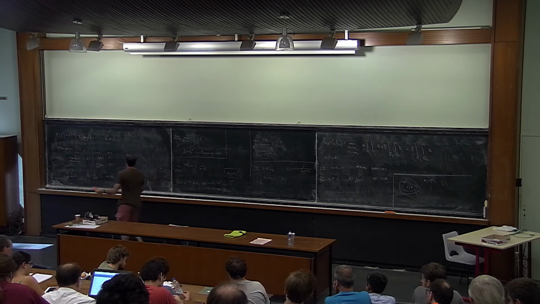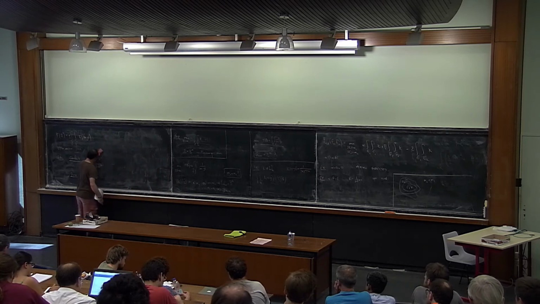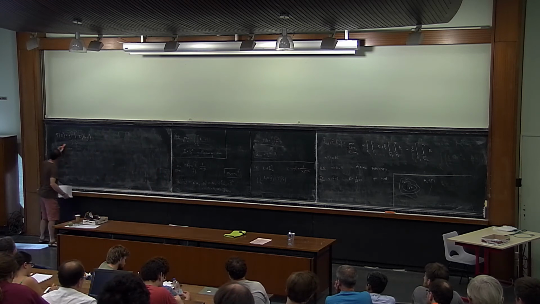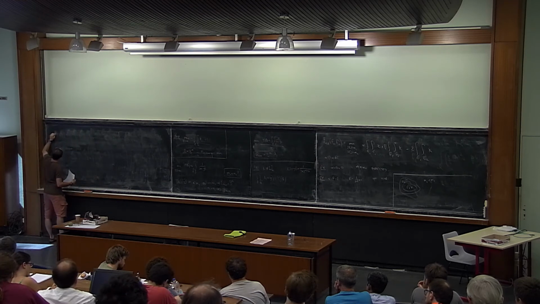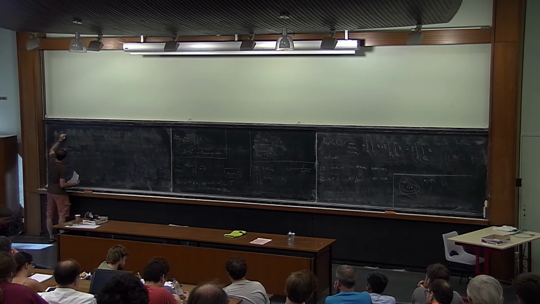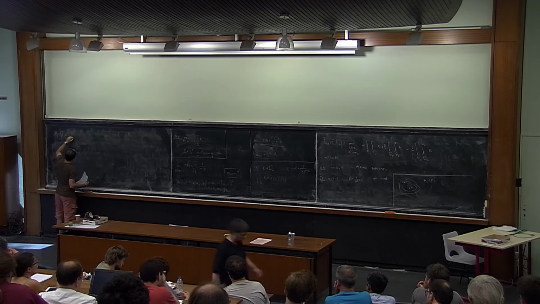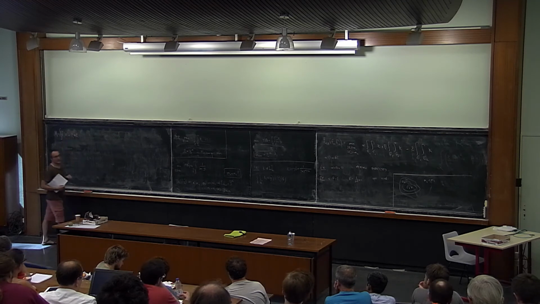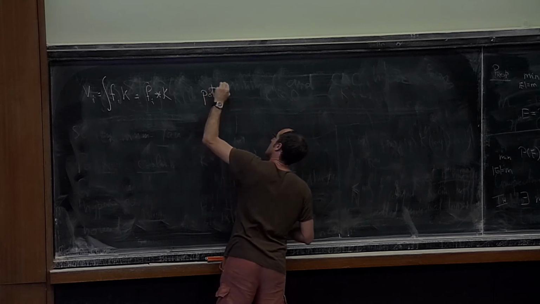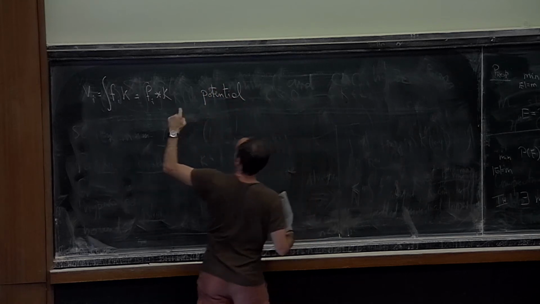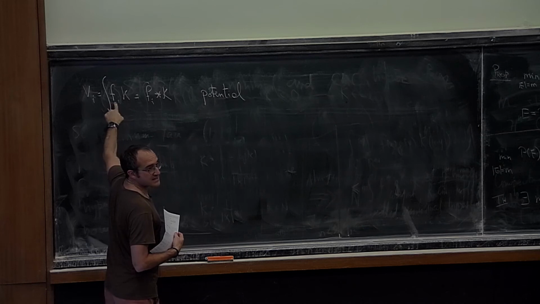The potential V_i is just phi_i convolved with K, the potential generated by the phase i.